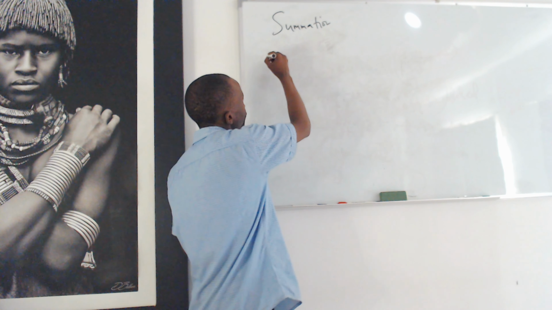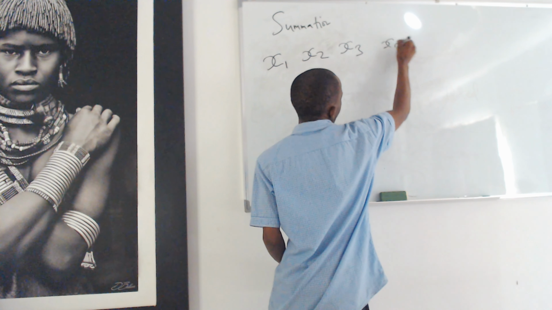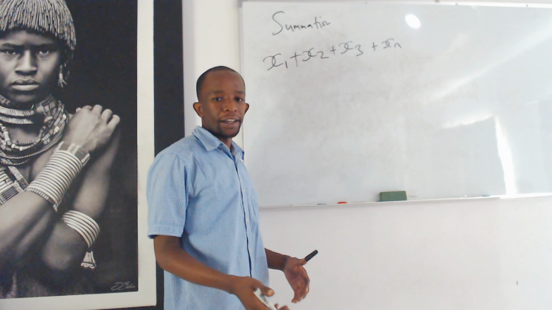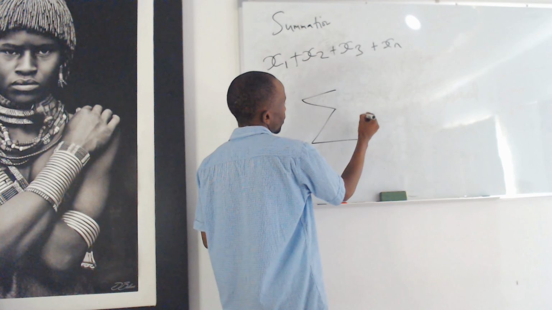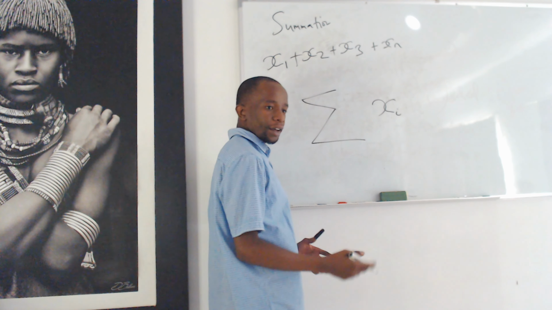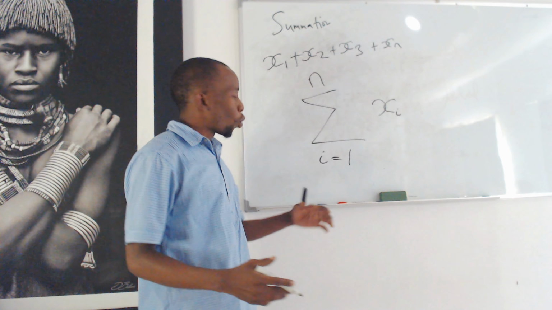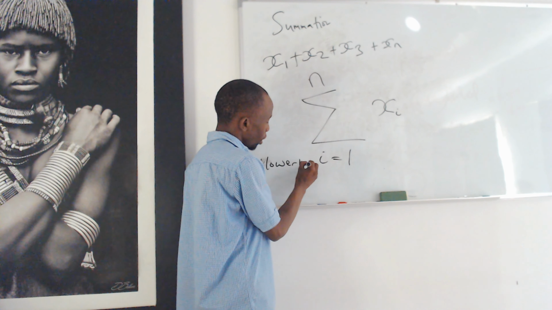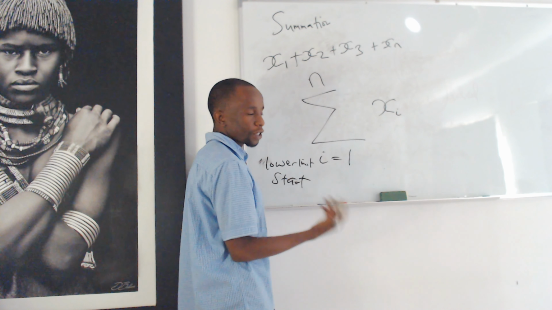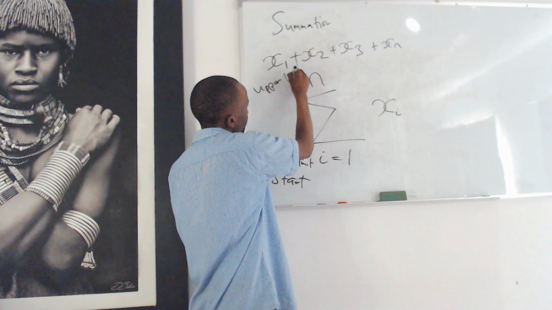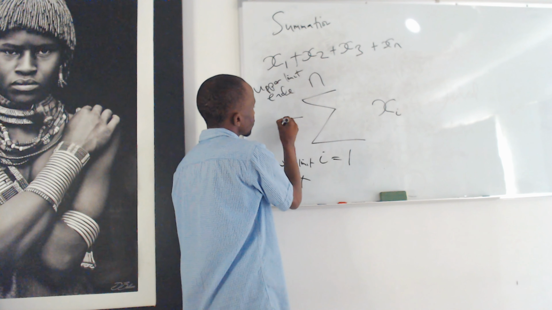For example, if you have values x1, x2, x3, and xn, we define the sum of those values by sigma, x sub i, i is equal to 1 up until n, where 1 is our lower limit or the start, and then here we have our upper limit or the end, and this is the sigma.